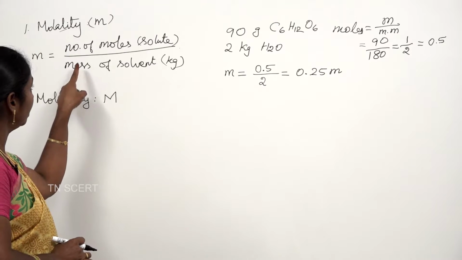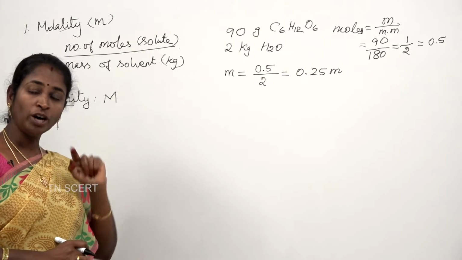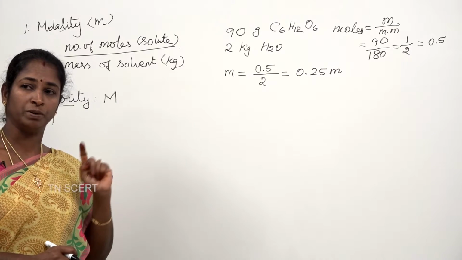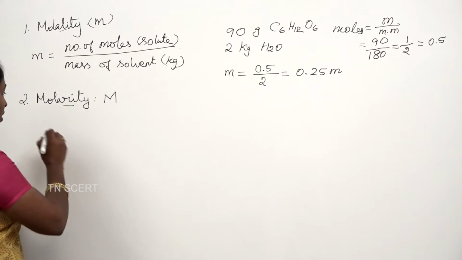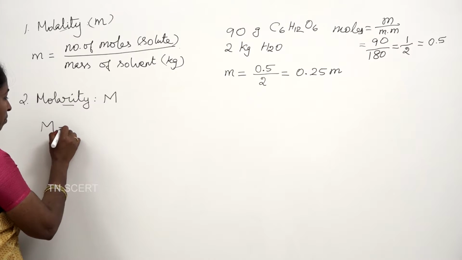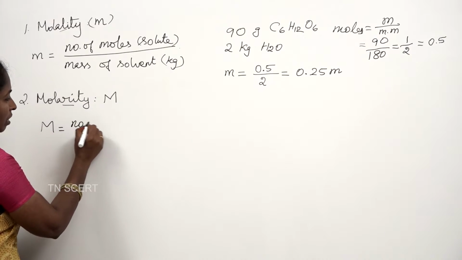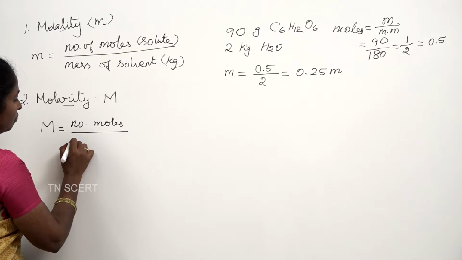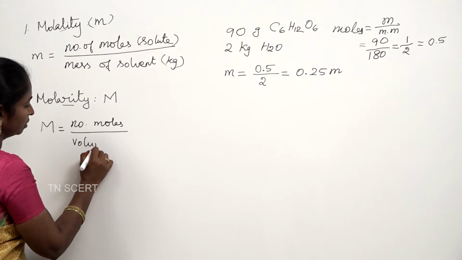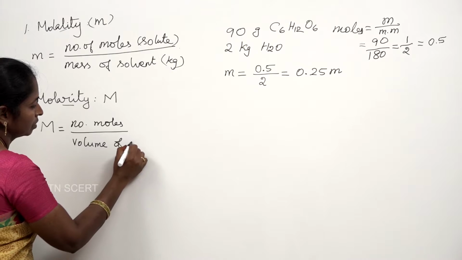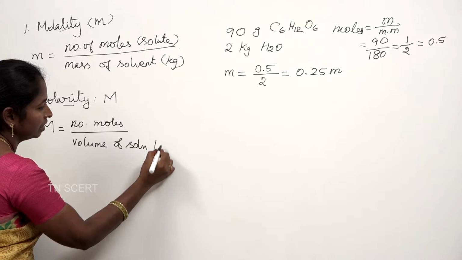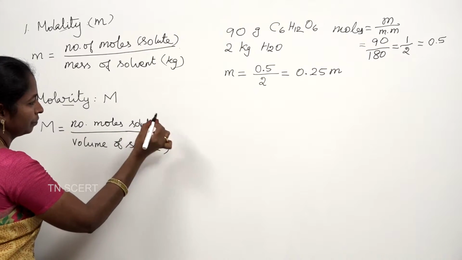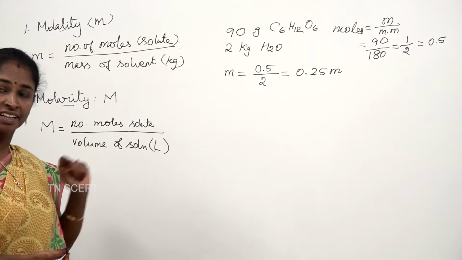Actually, molality gives you the number of moles of solute in 1 kilogram of the solvent, whereas molarity tells you the number of moles of solute present in 1 liter of the solution. So, molarity formula is given by M is equal to number of moles of solute divided by volume of solution, and it is given in liter. Number of moles of solute divided by volume of solution in liter.